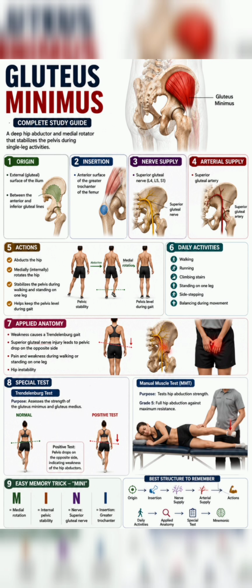Then special tests, we studied the Trendelenburg test and manual muscle testing. So easy way to remember them is MINI, where M stands for medial rotation, I stands for internal pelvic stability, N stands for nerve supply, that is superior gluteal nerve, and I stands for the insertion, that is greater trochanter of the femur. So this is the end of this gluteus minimus muscle.